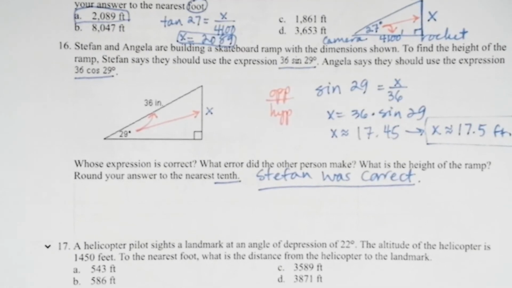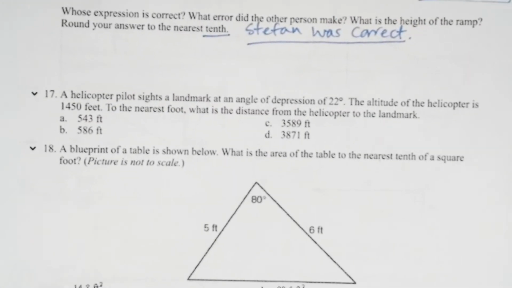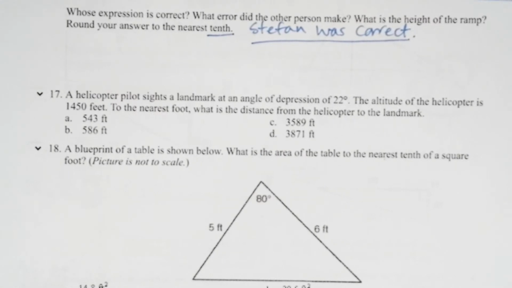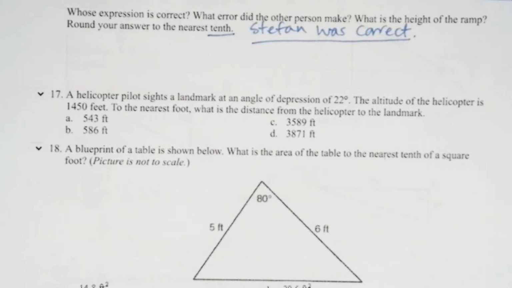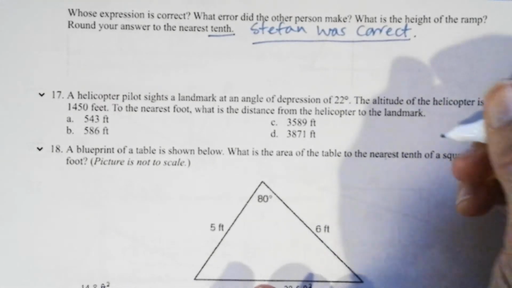Number 17, a helicopter pilot sights a landmark at an angle of depression of 22 degrees. The altitude of the helicopter is 1450 to the nearest foot. What's the distance from the helicopter to the landmark? Okay.